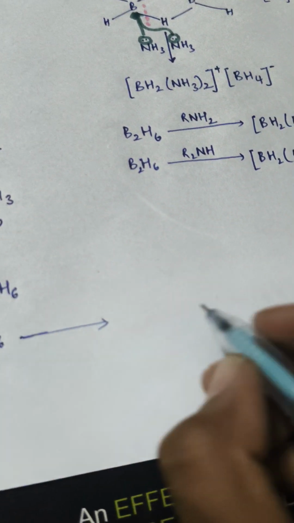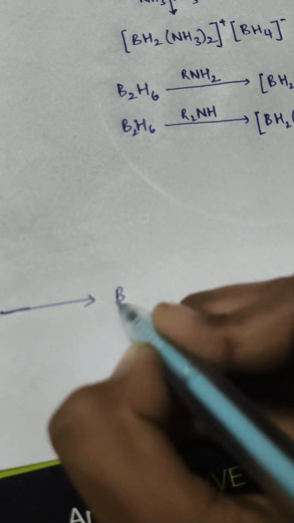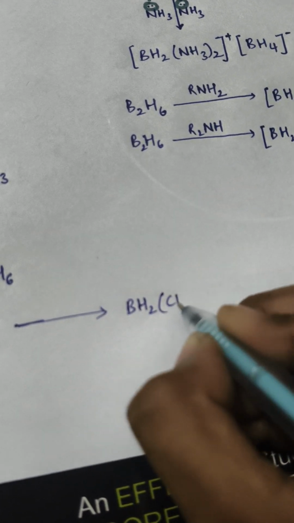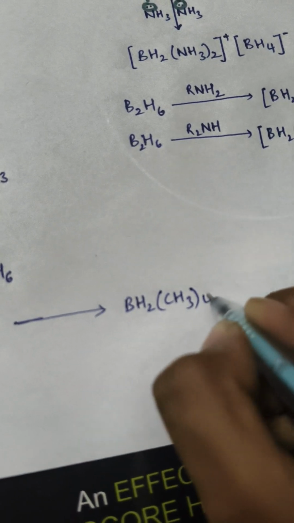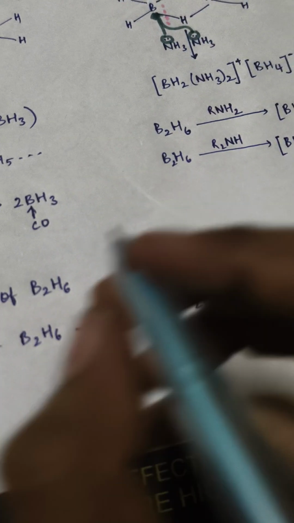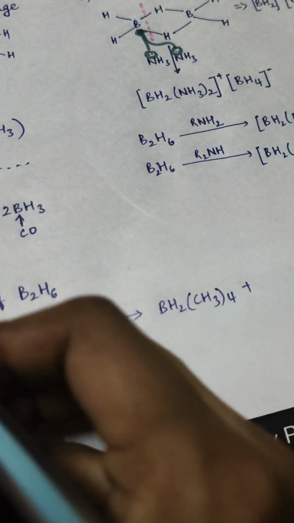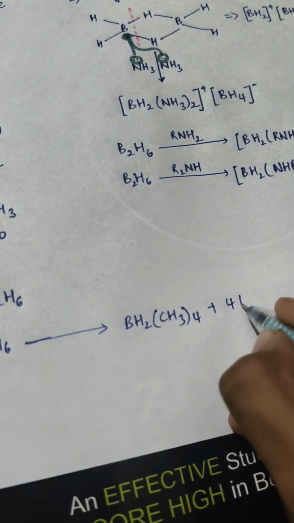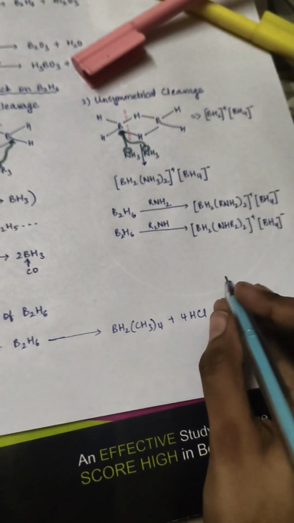This will basically give BH2 and CH3 taken 4 times, plus here if you're having the 4, this will be reacting with the 4HCl. I got it here, I'll just draw here.